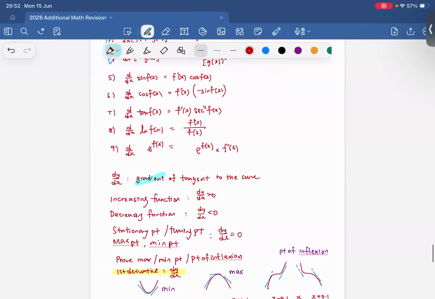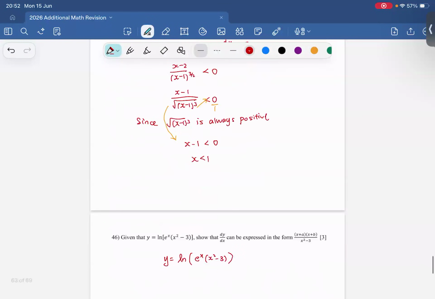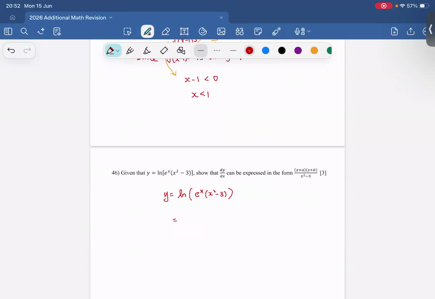So how to differentiate ln? By right, we need to do this: put this below, differentiate this and put this on top. Okay, but quite a lot of work to do.